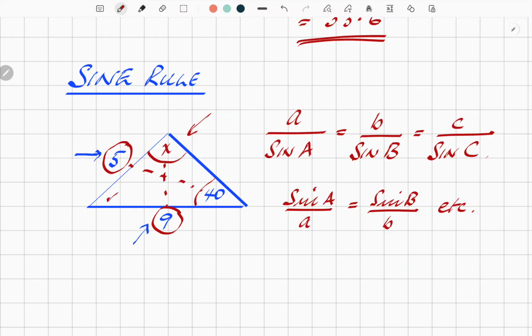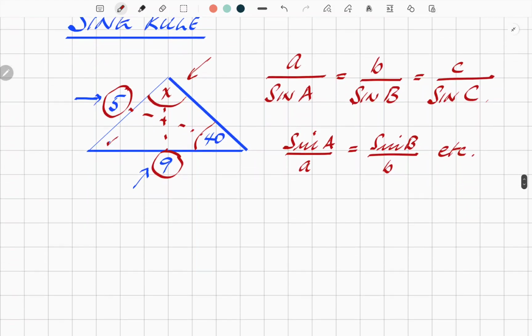Yeah. All right, so let's actually give this one a try. I'm going to try and find x here. So if I write it like this, oh, hang on, let me just undo that. Sine x over 9, I'm going to use it this way up, must equal sine 40 over 5.